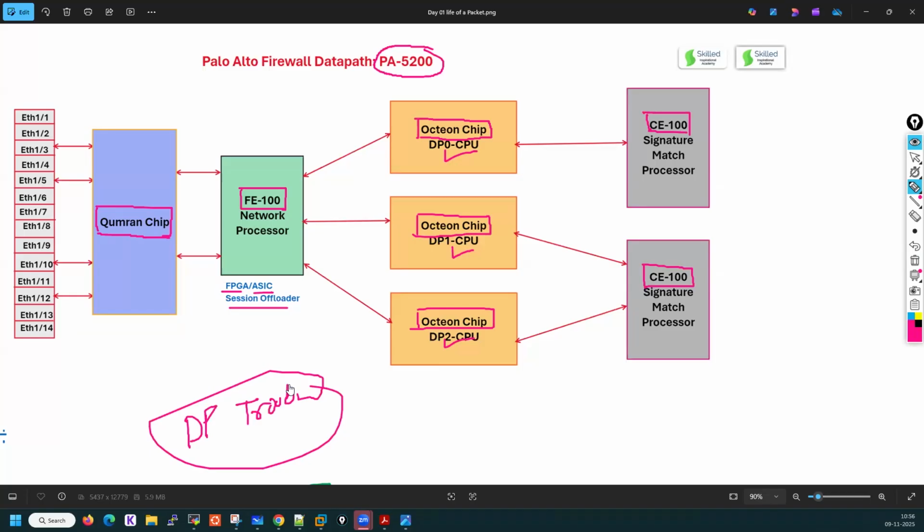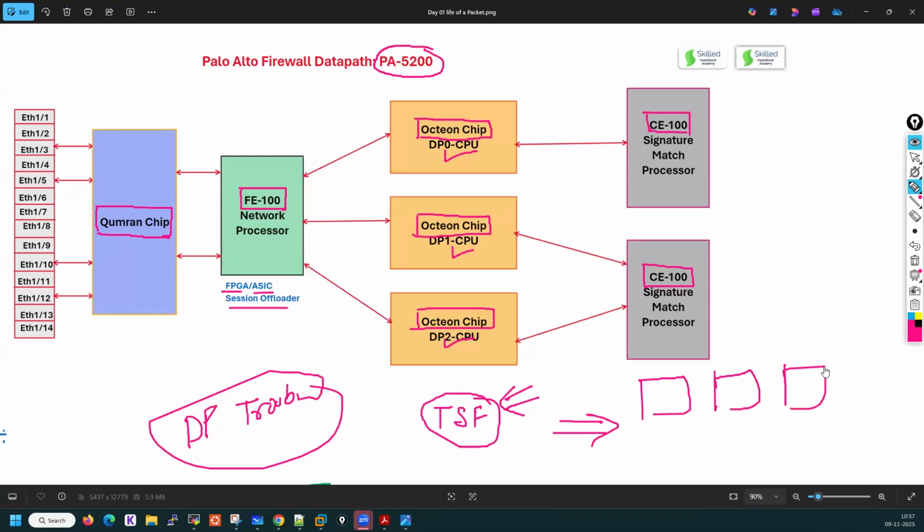So inside Palo Alto there are tools available. When you get the tech support file, the TSF file, they will upload this tech support file into those tools, and those tools will basically give you everything, like how many packets we are having at this chip, at this chip, at this chip, how many drops, all those graphs and everything you will get.